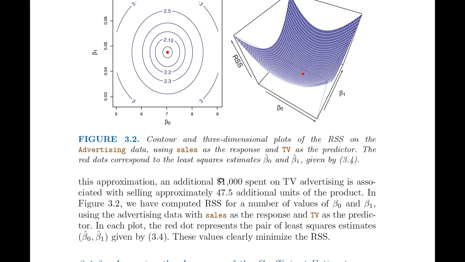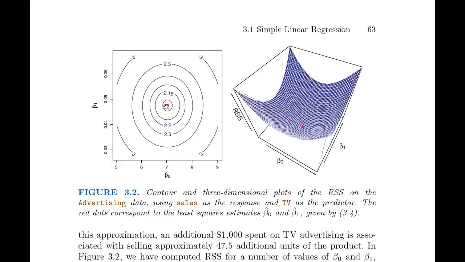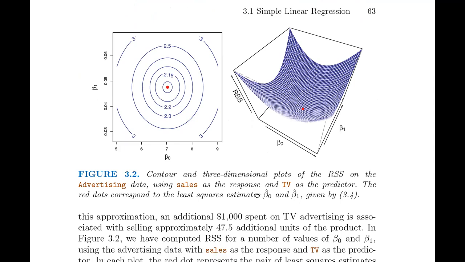These values clearly minimize the RSS. So we have 2.5 RSS, 2.3, 2.2. Minimum RSS is less than 2.15. It doesn't really make a difference what the RSS is. You just want to minimize it. Of course, the lower it is, the better.